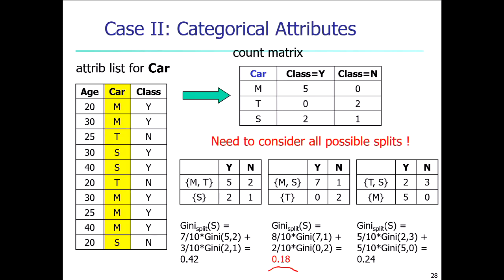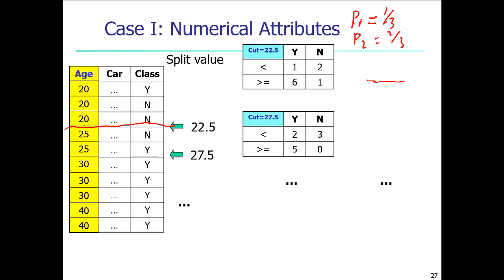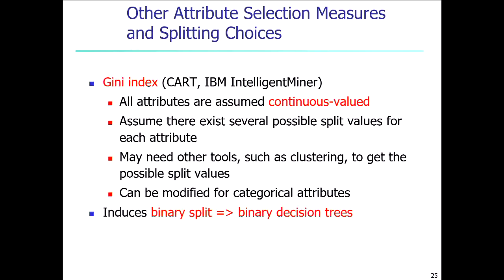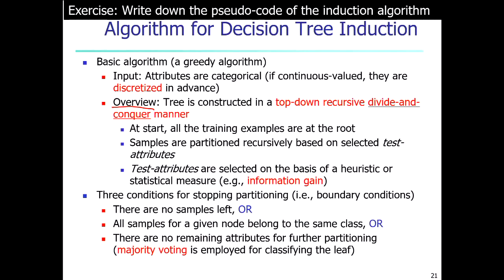Which means in CART, if you still remember, it's a long time ago, here, this condition is kind of different from ID3. The algorithm we were talking about in this slide is for ID3.